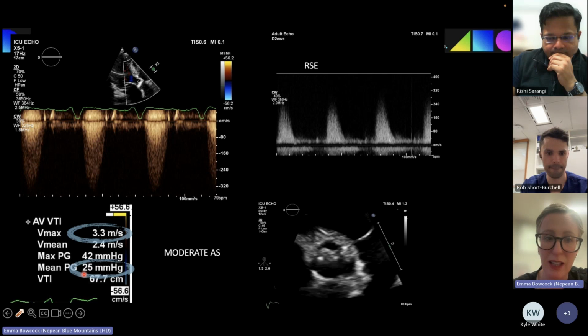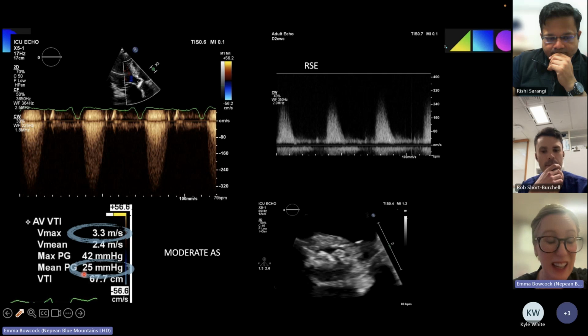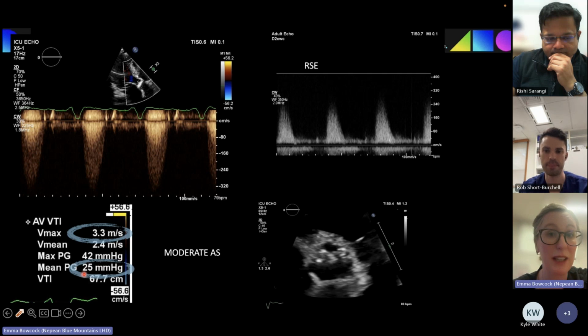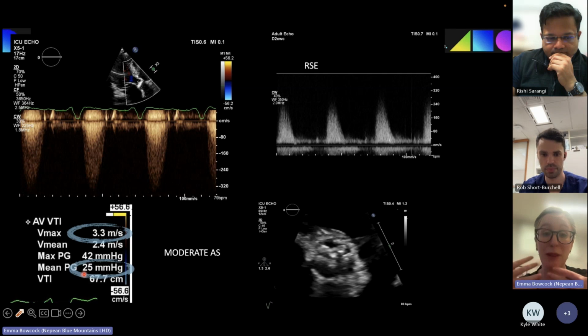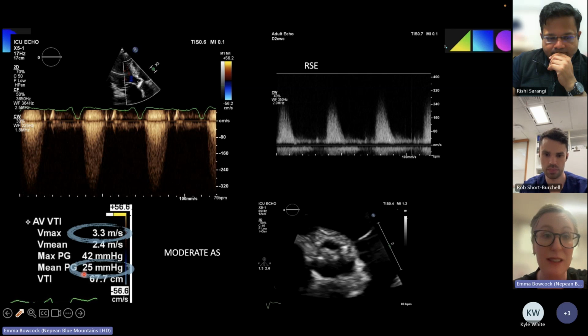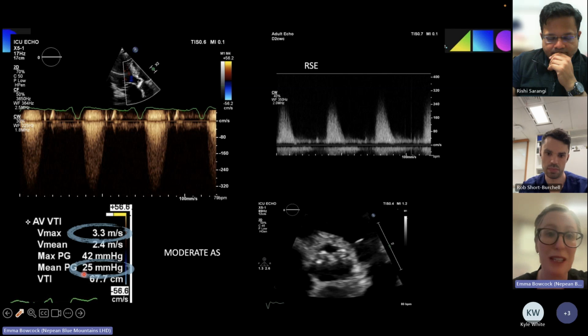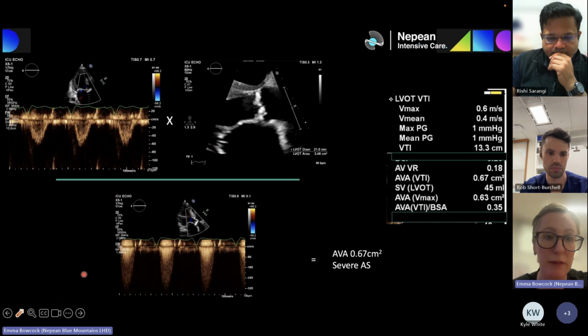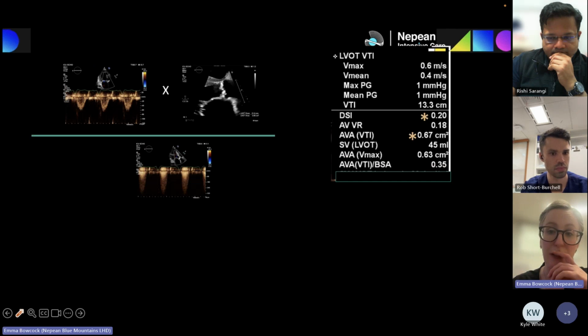So I'm thinking, could this be, and the EF is down, right? So I'm thinking I need to calculate. My next step is I need to know what the SVI is. I need to know what the stroke volume index is to know whether I'm in a low flow state. Because could I be dealing with discordant grading? Right, so then the things that I'm going to look at there.